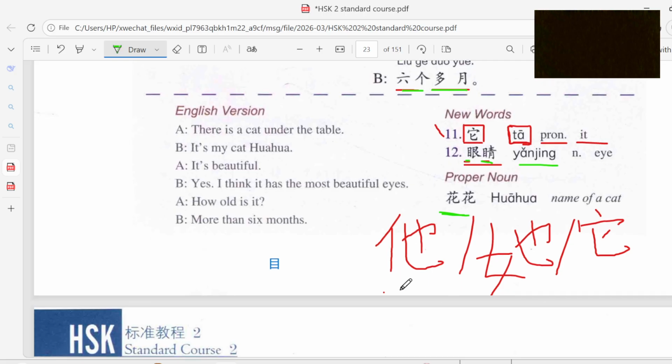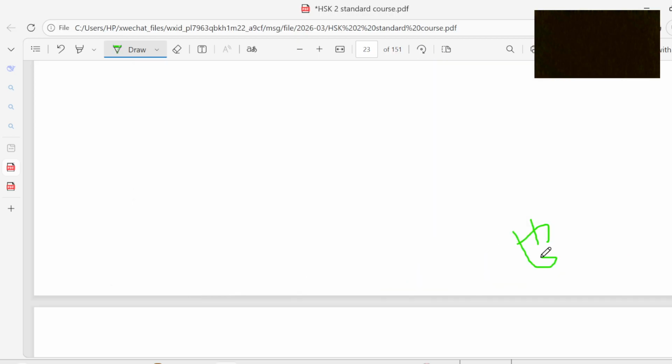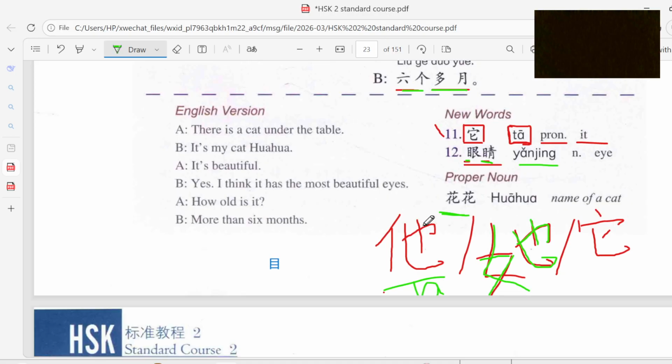We saw the difference between the 3 tas. This ta is for he, right? Then this second one here is for she because it has the female character at the beginning. This is female, right? Ni, ye, it has the female character.